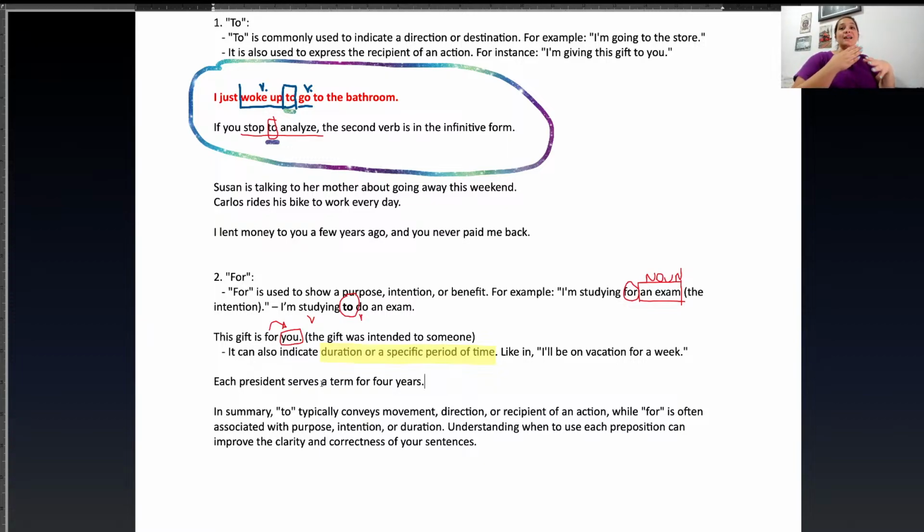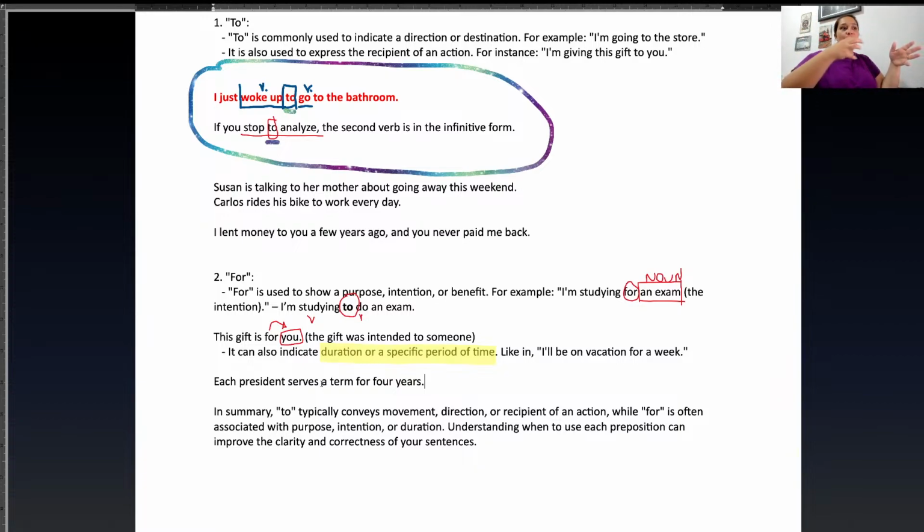Então, assim, quando a gente fala do tempo de presidência, né, que um presidente, ele conduz, administra o país, a gente usa esse termo, term. Term quer dizer um termo, a term, um período, eu nem sei como que falaria isso em português, honestamente. Mas a term in the presidency, it's 4 years. A term, first term, second term. Okay, so each president serves a term for 4 years.